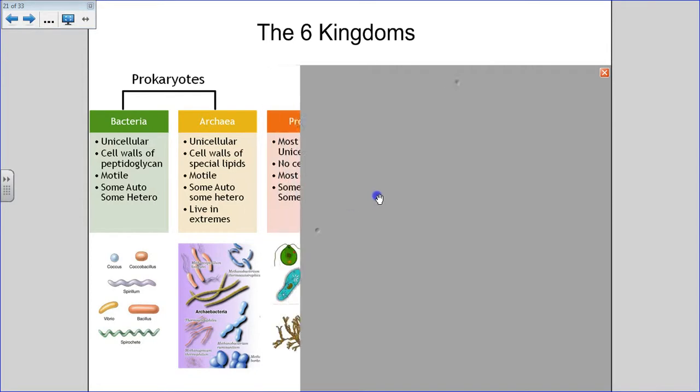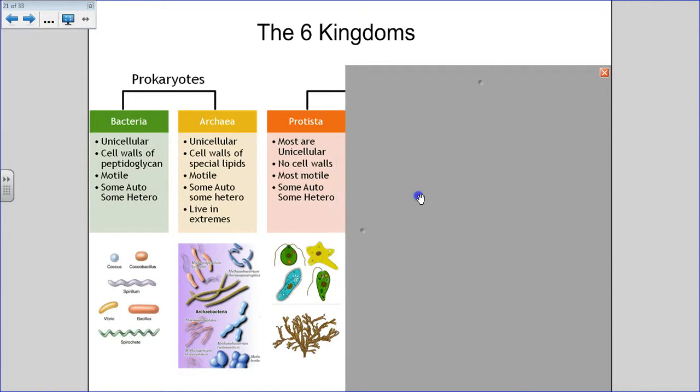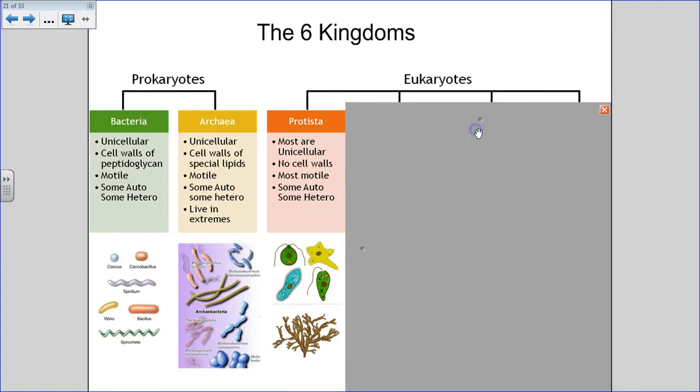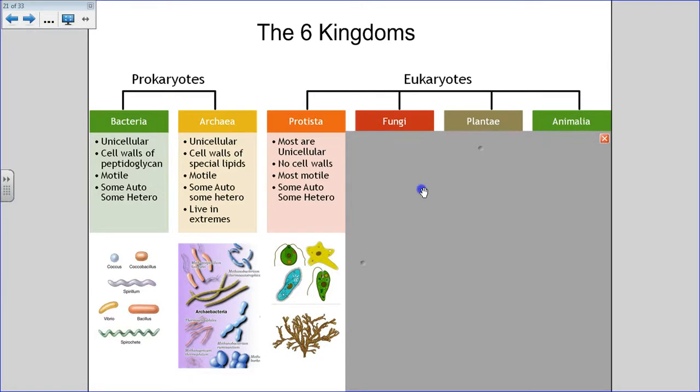Then we talked about kingdom protista, the first of the eukarya domains, so the eukaryotes. We remember organisms were grouped in kingdom protista because they were not fungus, plant, or animal-like enough in nature to be put into those kingdoms.